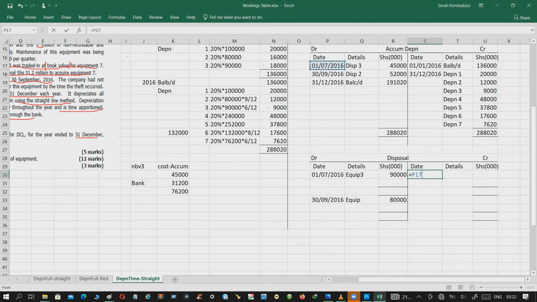So let's come and close off our disposal account also. When we start with equipment 3, accumulated depreciation is reporting an amount of 45,000 being closed off.